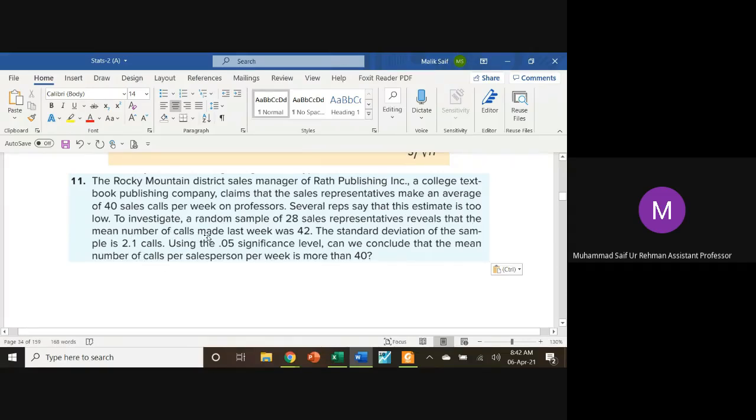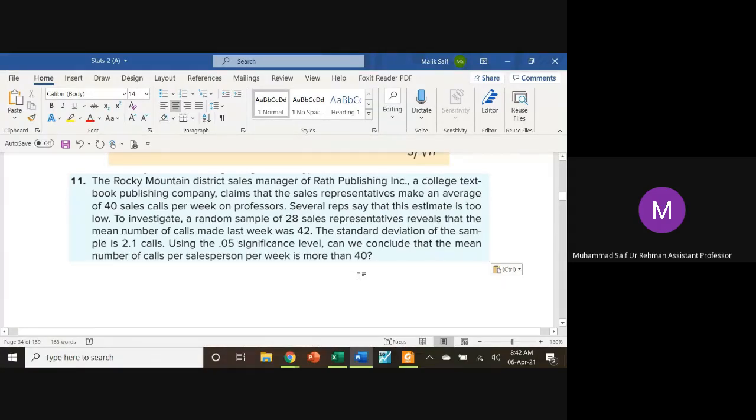To investigate, a random sample of 28 sales representatives reveals that the mean number of calls made last week was 42. The standard deviation of the sample is 2.1 calls. Using the 0.05 significance level, can we conclude that the mean number of calls per salesperson per week is more than 40?